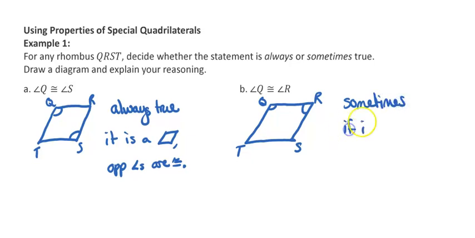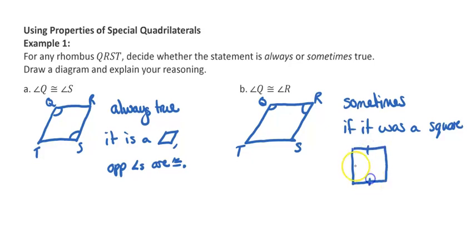If it was a square specifically, remember, a square is a special type of rhombus. If it was a square, then its angles would be right angles, and that is when angles Q and R would be congruent.